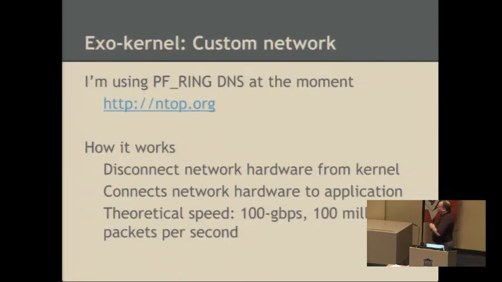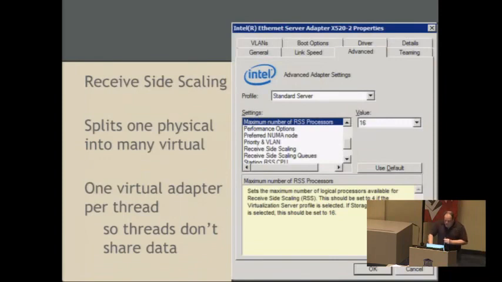And the theoretical speeds of this are enormous. For a fairly low-end machine, like a quad-core desktop, in theory, you can get 100 gigabits per second, or 100 million packets per second. It's just obscene. And it's got a lot of tricks with it.